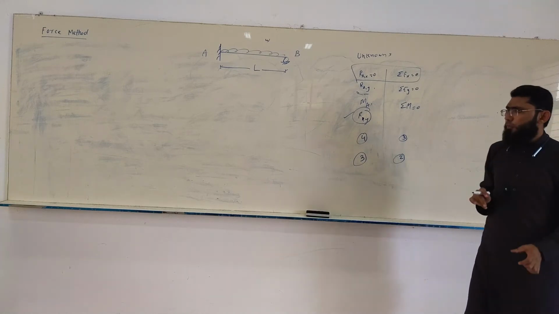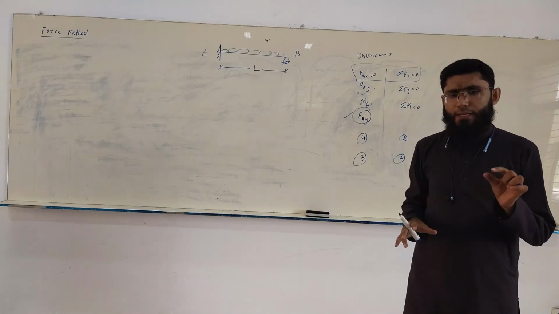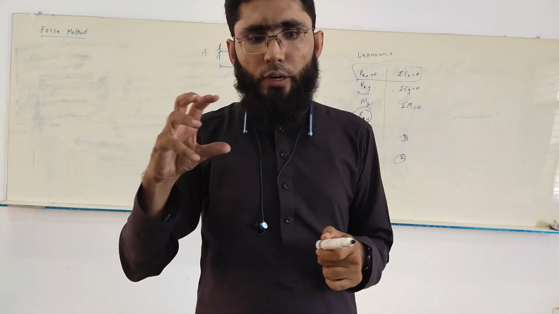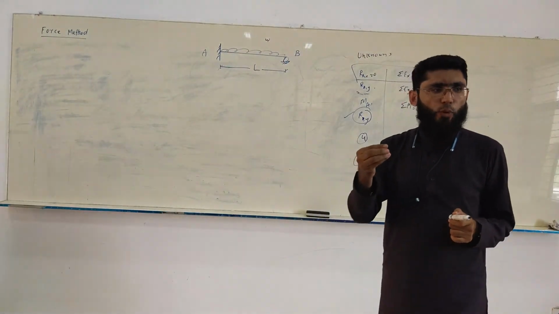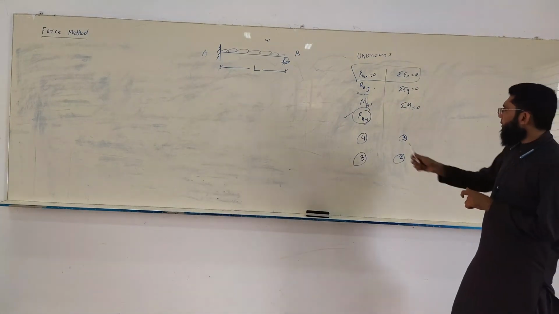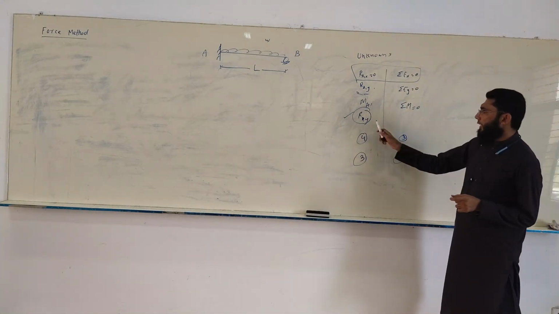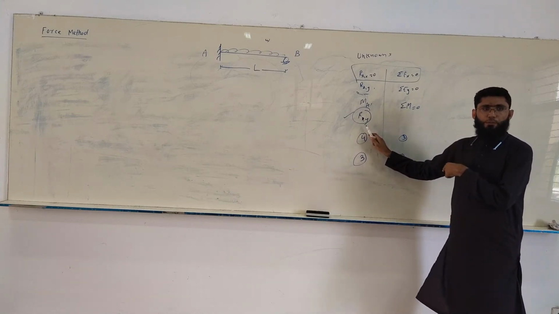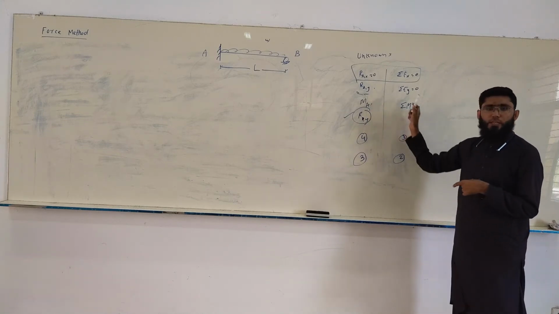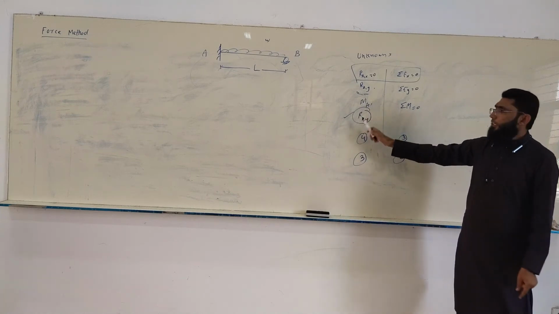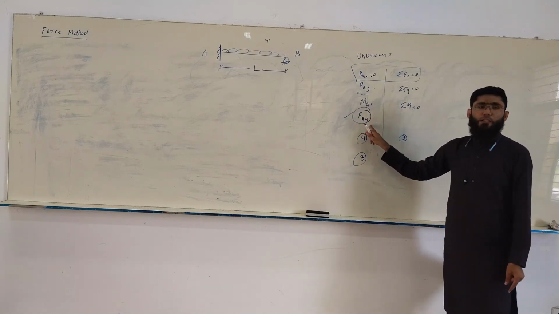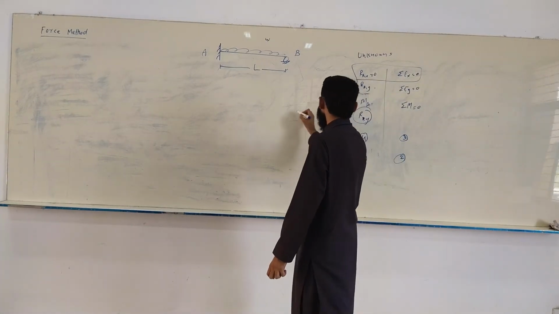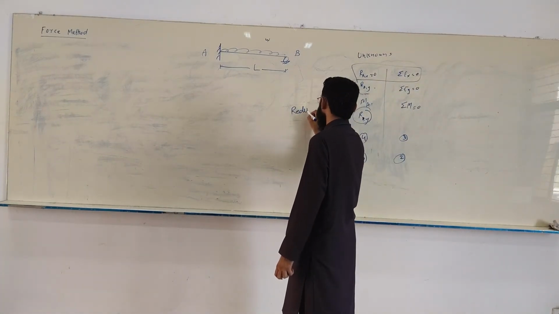So this method starts with identifying the unknowns and selecting one of them as the primary unknown. If I say that I will find this one out first without using equilibrium equations, and then come back and solve the rest of the system, then this one is called the primary unknown, and we call it redundant.